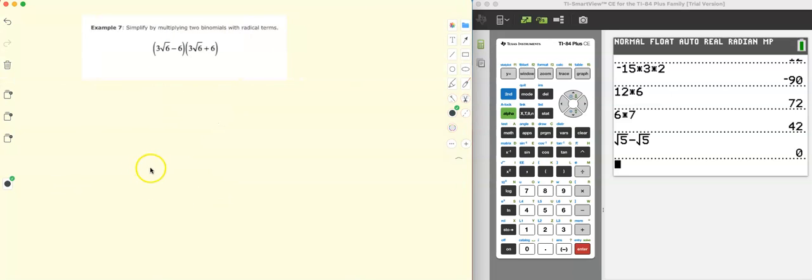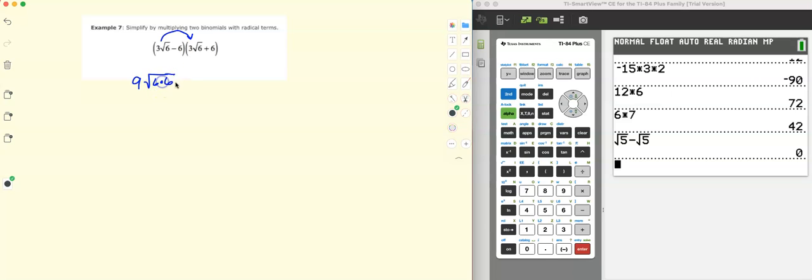All right, let's look at another example. Still simplifying by multiplying. So I'm going to distribute everything. I'm going to get 9 times the square root of 6 times 6, okay?